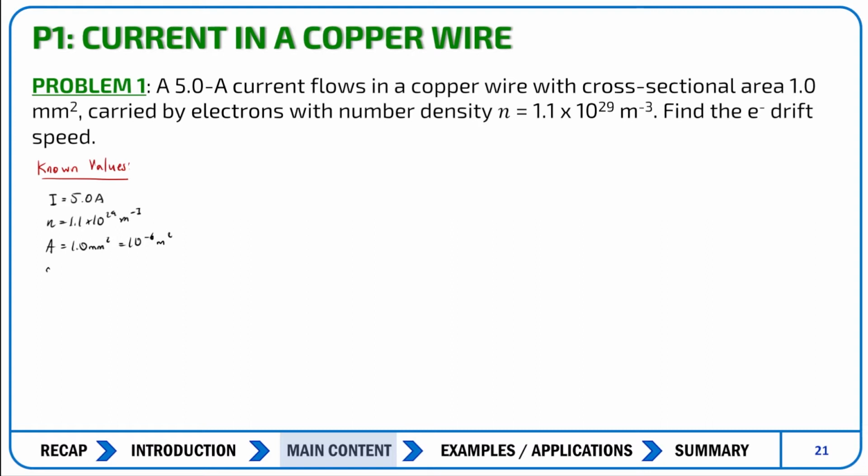And we have Q, 1.6 times 10 to the negative 19 coulombs for each of those electrons. We also know that I, from the notes, is delta Q over delta T, and so it's going to be N A Q v_d, where v_d is what we're trying to solve for. So we can directly solve.